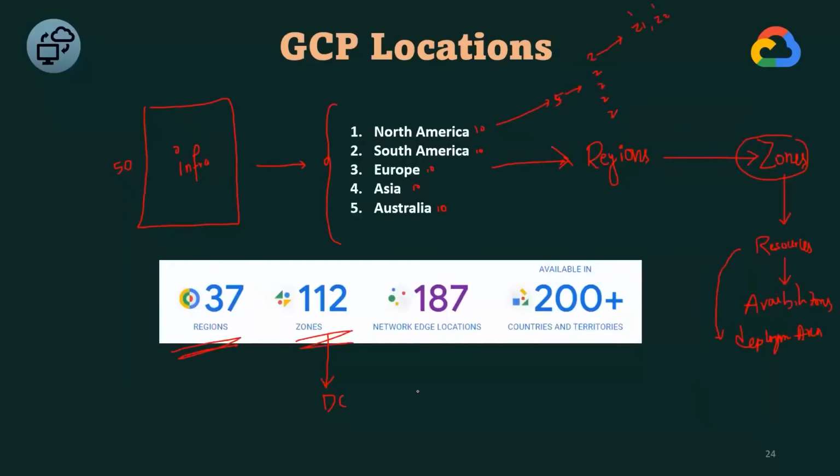Yes, zones are 112. Correct. No, no, no. Mumbai is one region and Delhi is one more region.